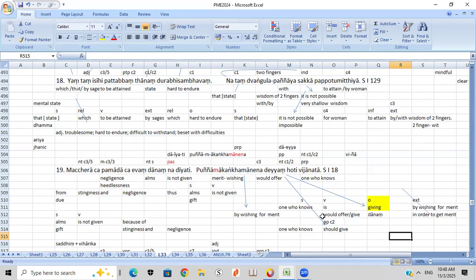Another way of translating this, choice number 2, you take this part: would offer dana in order to get married. So at the end of the day, which one do you think is correct? Both also, I think the meaning is more or less the same.